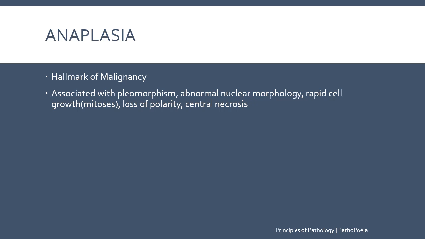Anaplasia refers to lack of differentiation, and it is the hallmark of malignancy. Now, anaplasia is associated with mitosis. The tumor cells are undifferentiated, and hence they have the property of multiplication, so they show mitotic figures and hyperchromic nuclei.